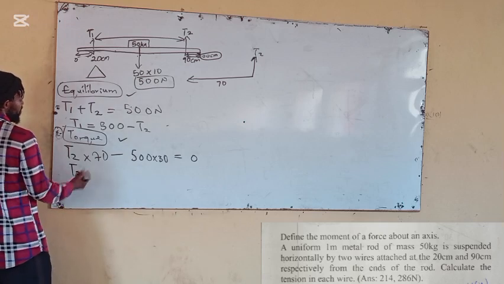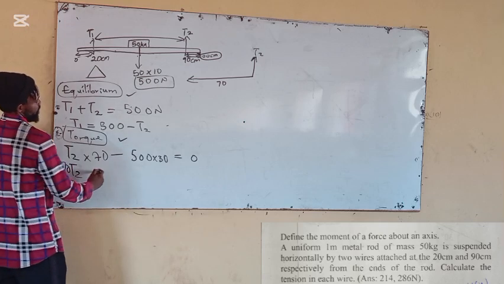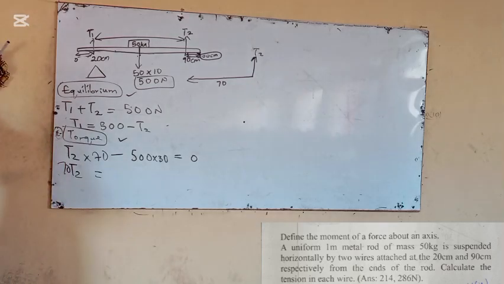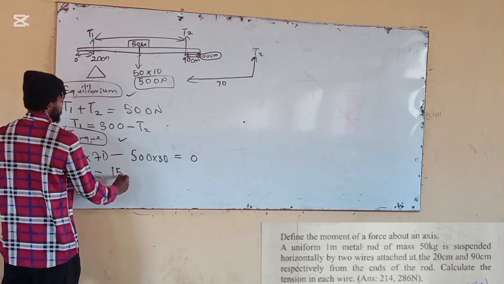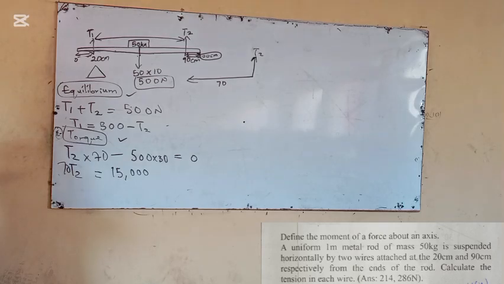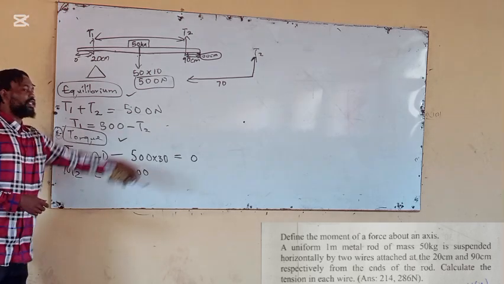Okay, this is the same thing as saying 70 T2 is equal to 500 times 30. What is that? 15,000. Please, we are going to exhaust all the methods available for this kind of process so that we know it. Alright, so if I have 70 T2 equal to 15,000, the 70 crosses the equality sign as division.